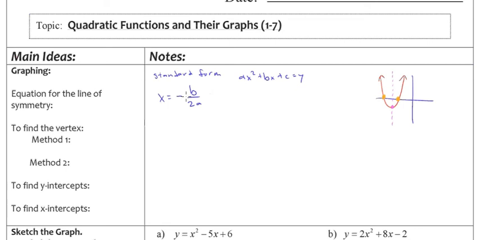Find the equation of the line of symmetry using x equals negative b over 2a, and that x value, you're going to plug back into the equation and solve for y.